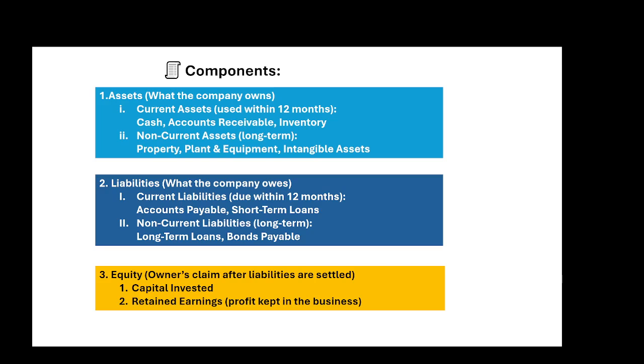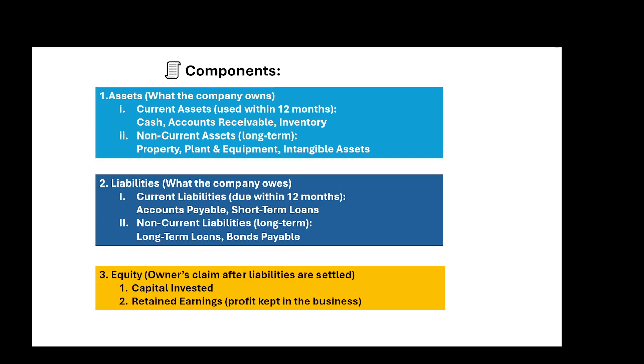Your accounts payable, what you are owing your vendors within 12 months, and short-term loans, where you took a soft loan from banks and are expected to pay back within 12 months. Also, your non-current liabilities are long-term: your long-term loans and bonds payable. They are more than a year, it could be 2 years or 3 years.